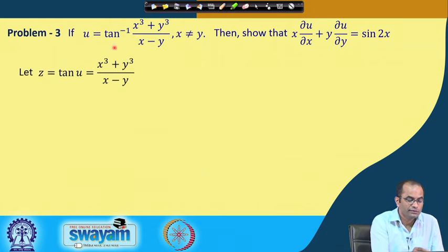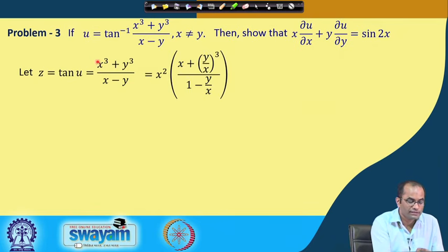as tan u, because if we take this tan to the left hand side we get tan u is equal to x cube plus y cube over x minus y. Now this z is a homogeneous function of order 2, because we can write it as x square: x cube we have taken common in the numerator and x from the denominator.